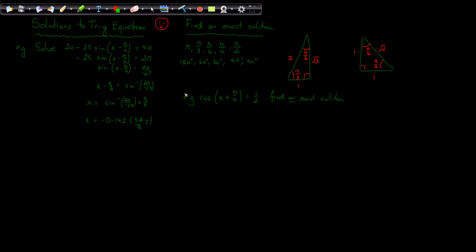Now to do that, I need to take the inverse cosine of 1/2 here, and then we're going to then subtract pi over 4 from that. So when you take the inverse cosine of 1/2, what I'm going to do is just temporarily do that in degrees. So my working will look like this.